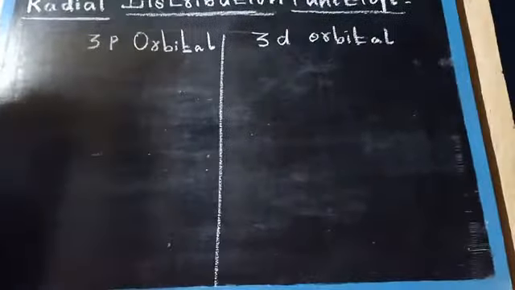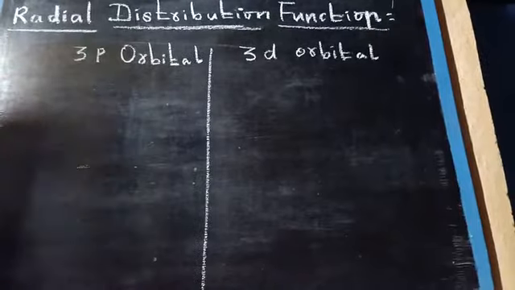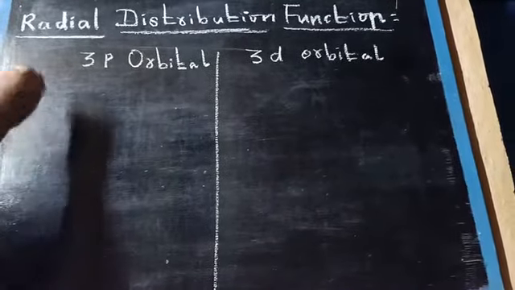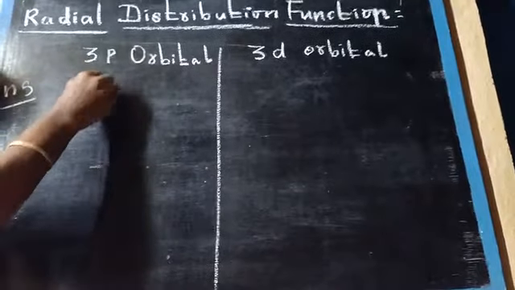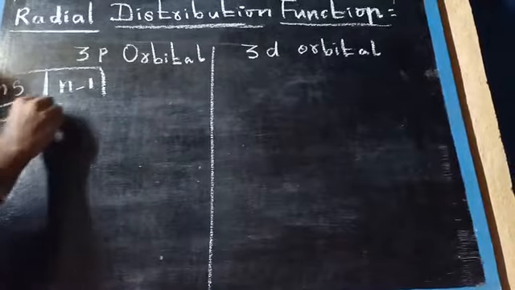Children, now see the 3p orbital. For the ns orbital, the node calculation formula is n minus 1. You must keep this in your mind, this is very important.